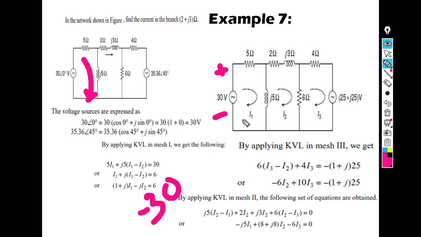Why am I taking this form? Because you can see that the inductor is given in rectangular form. Whenever it is required, I will change it. But you can also convert. If it is J5, we can write it in this way, 5 angle 90.